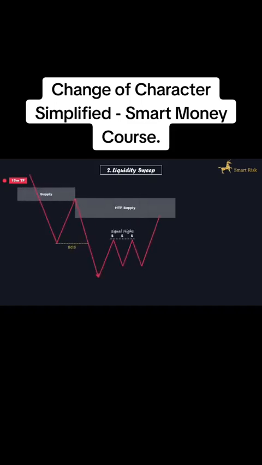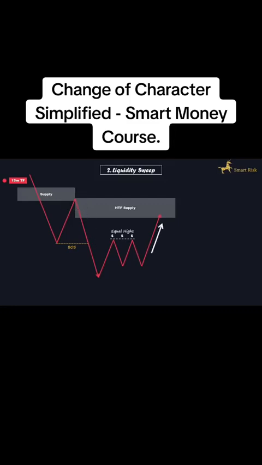Imagine we have a structure like this on the higher time frame, like the 15-minute time frame. The price is in a downtrend, having formed a series of BOSs to the downside. After tapping into the previous supply zone, the price reversed and created an unmitigated supply zone awaiting mitigation. Now, the price is pushing to the upside.